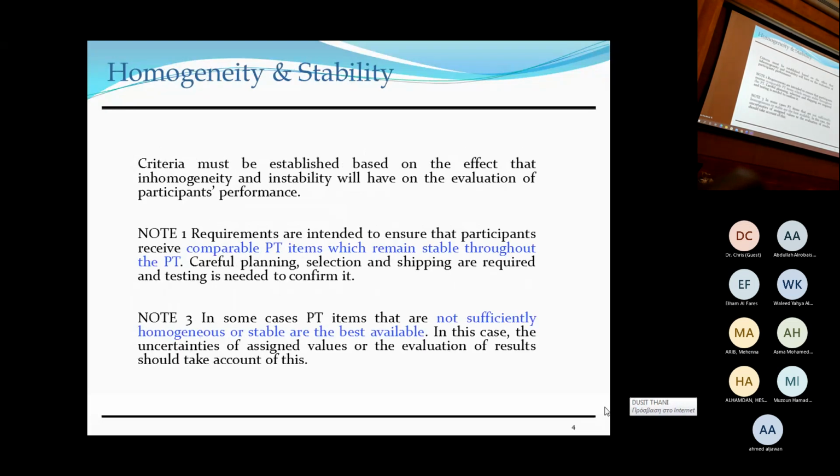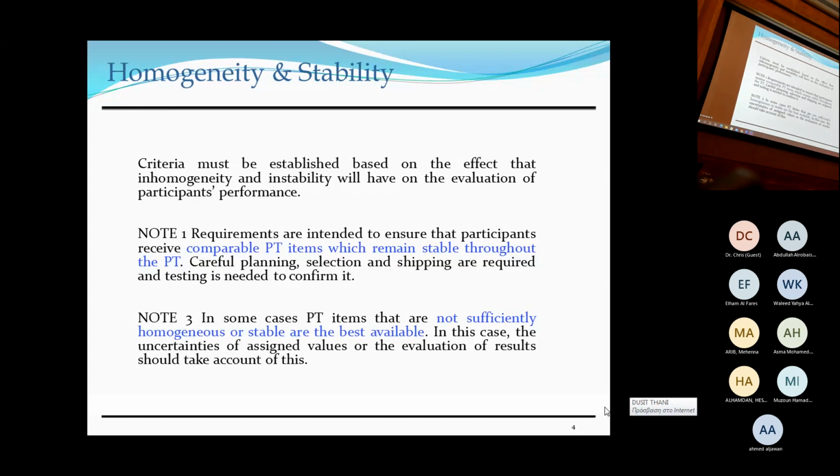There's also the issue of homogeneity in general, which is important when we're talking about proficiency testing in testing lab applications. So there, it's important to ensure that the samples that are made available to the participants are homogeneous.